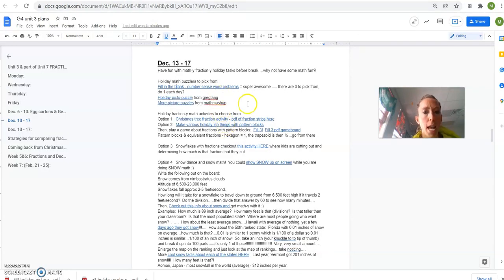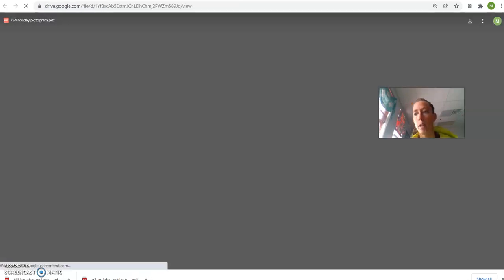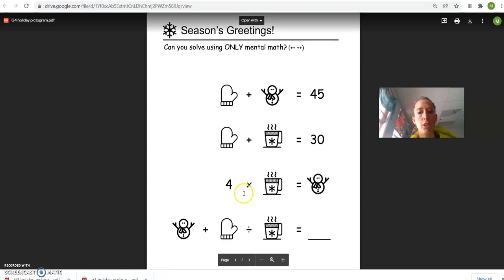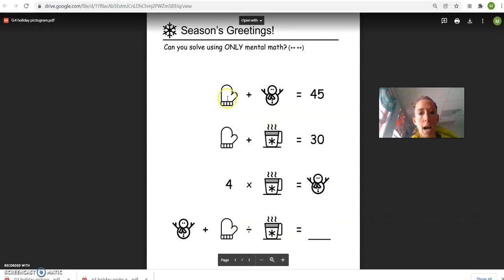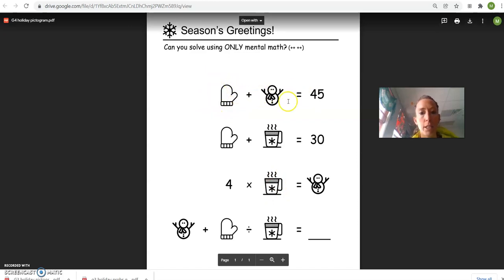Okay. Then another one from Greg Tang, and you've seen these before probably, is a Picto puzzle. So you're trying to figure out this final equation down at the bottom. I wouldn't probably start with the first equation.